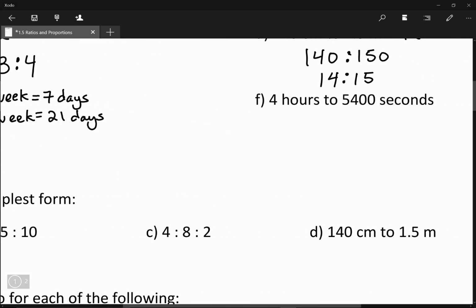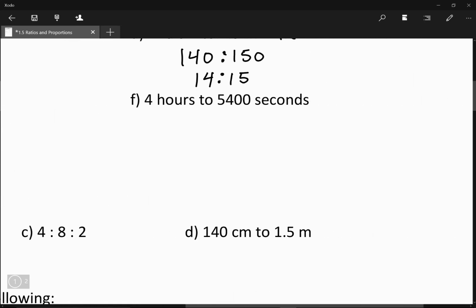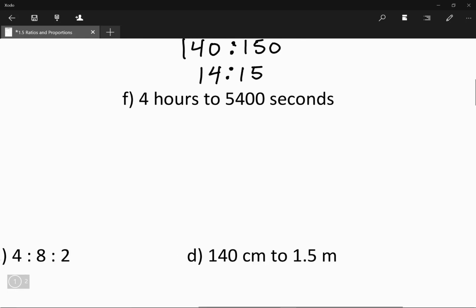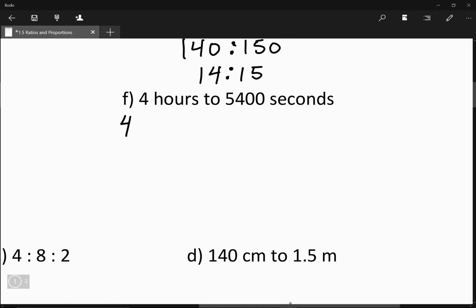And then 4 hours to 5,400 seconds. Well, this might take two steps to convert. So 4 hours multiplied by 60 minutes in every hour times 60 seconds in every minute. And let me just show you 4 hours here in the beginning. So what are the units that cancel out?